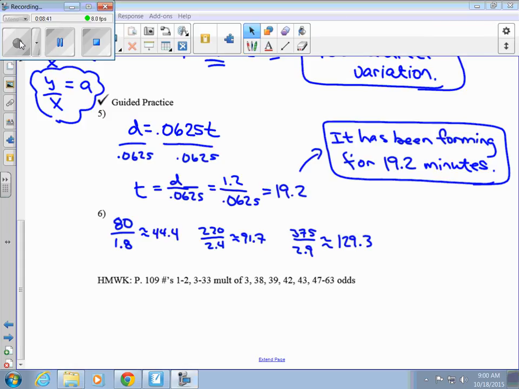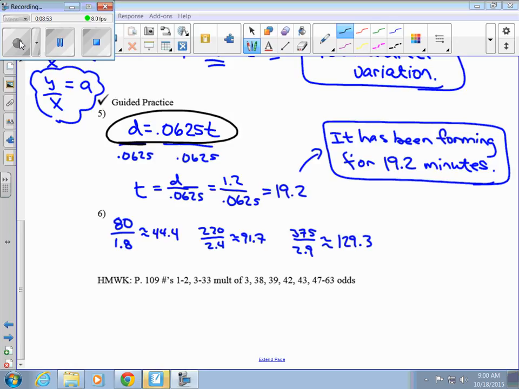And here are the answers to the guided practice. In question 5, we're going to use the equation that they give us from example 2 in the book, t equals 0.0625d, and then we plug in, and they tell us how long is it when the hailstone has a radius of 0.6 inches.